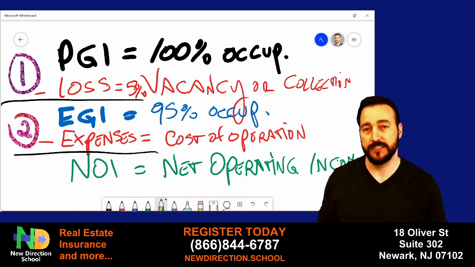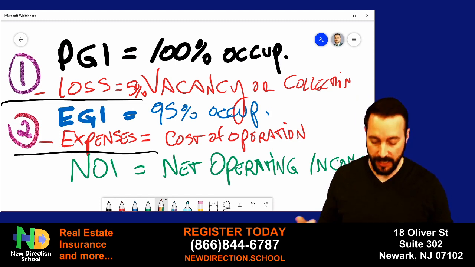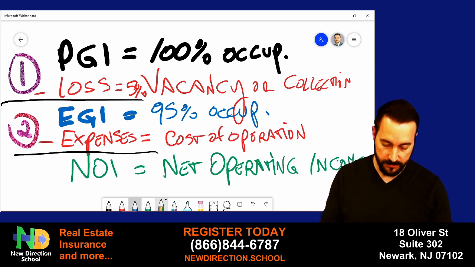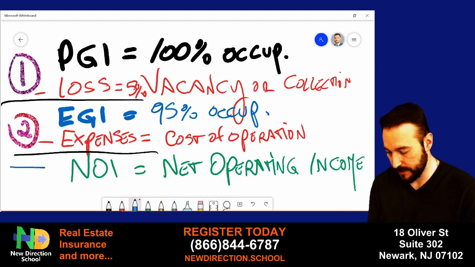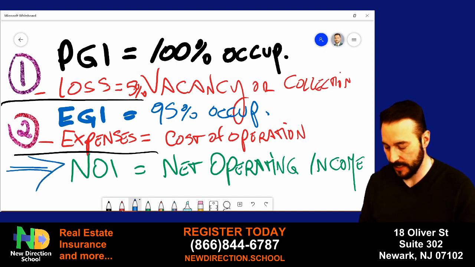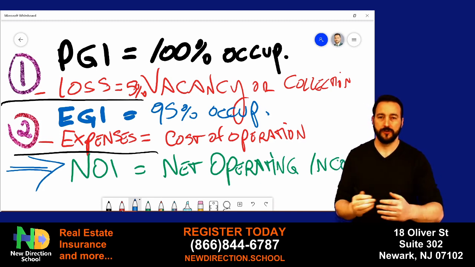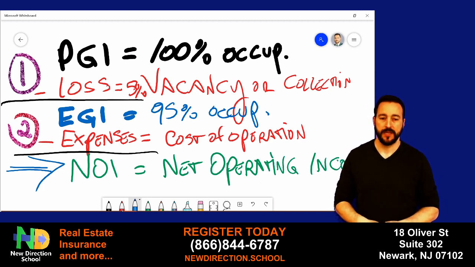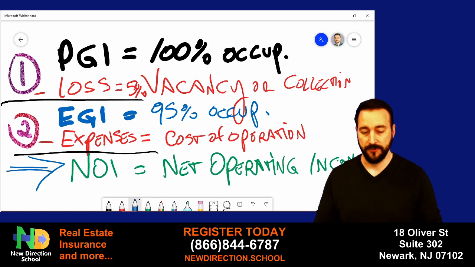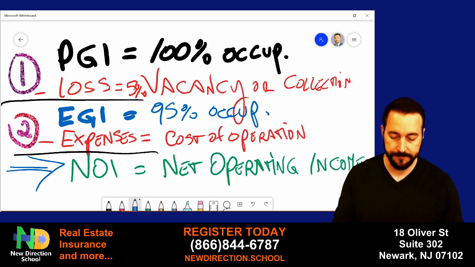And we deduct the expenses, the cost of operation. And we reach what we really need, which is NOI. All right, so 2 steps here to get to NOI. All right, so guys, net operating income, we got that. Let's move forward.